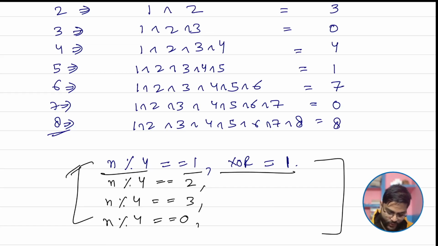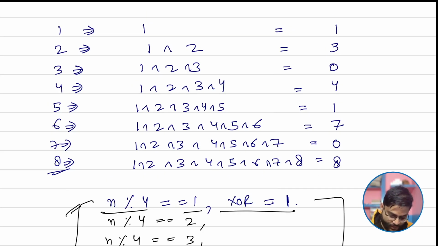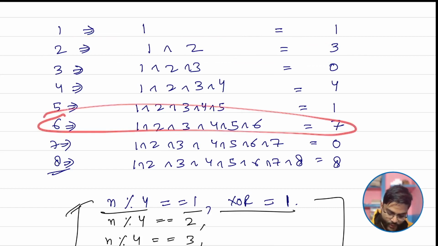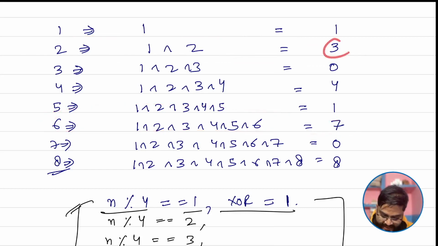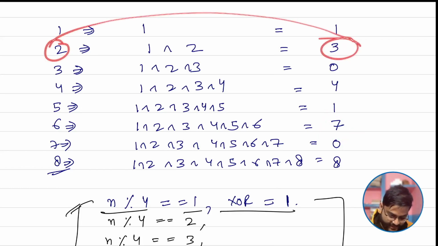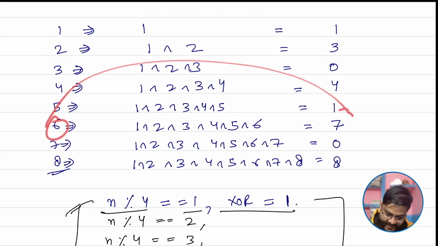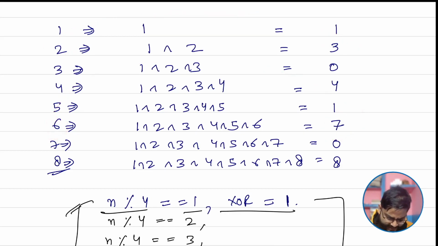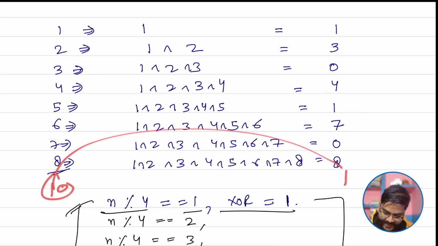When n mod 4 equals 2, it means this case as well as this case. If you observe here, what is the value? For 2 it is 3, for 6 it is 7, and for 10 it will be 11.